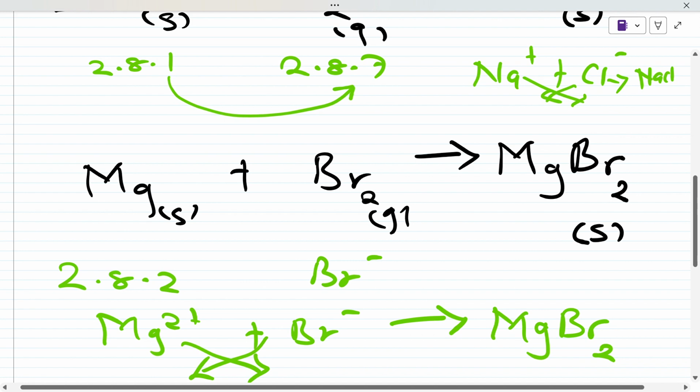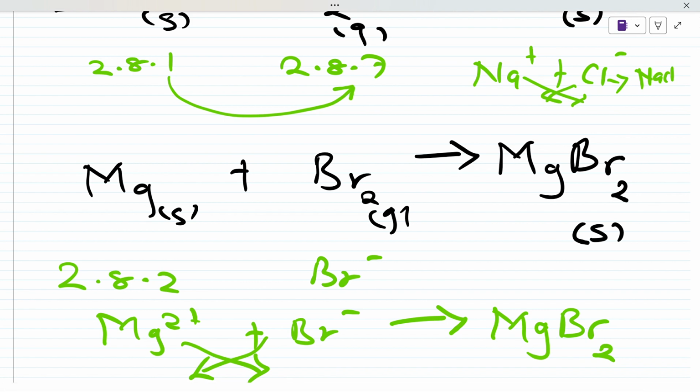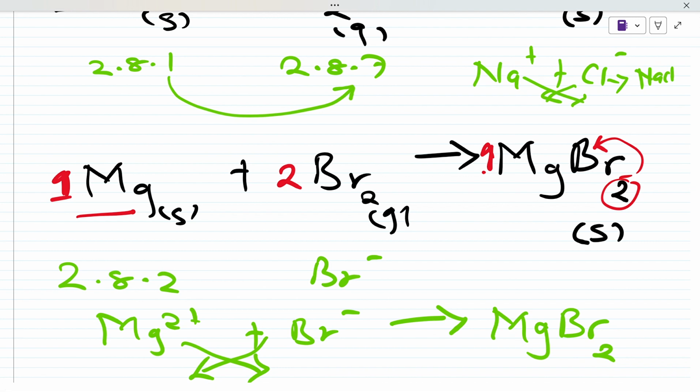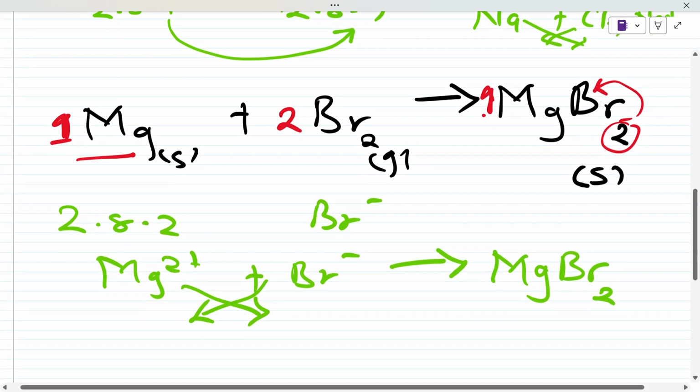If you check very well, I'm having 1 magnesium because 1 is here. This one is 2. Magnesium is still 1 here. And Br, this only represents the Br. So if you look at that, you'll realize that our equation is balanced for group 2 reacting with group 7. Our equation is properly balanced.